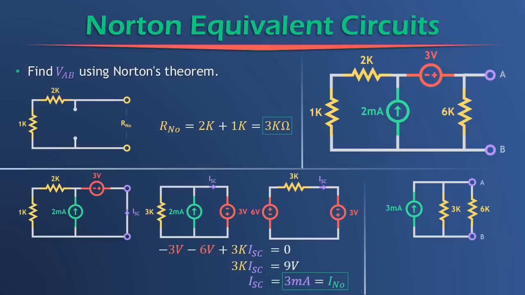How can we find the voltage across AB? Real easy. Find the equivalent resistance of the 3K and the 6K in parallel, which turns out to be 2K, and then do V equals IR. That's 3 milliamps times the 2 kilo ohm equivalent resistance, and we get 6 volts across AB, just as we got before using Thevenin's theorem.